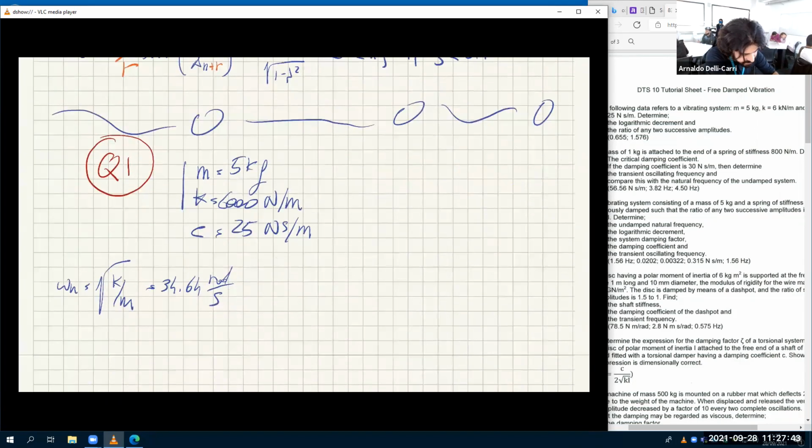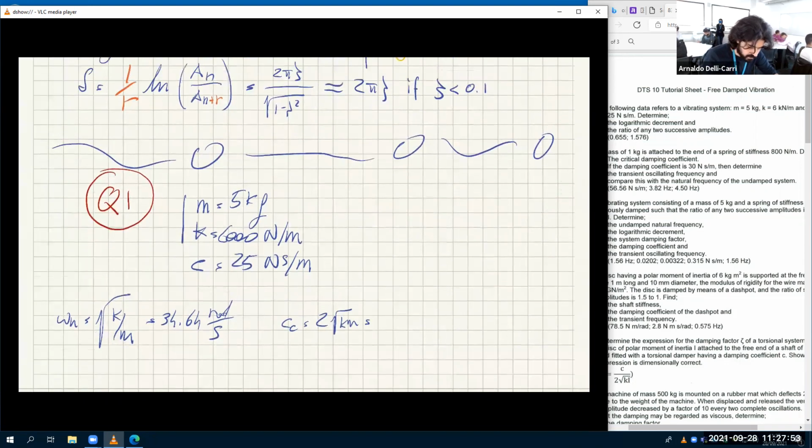So I can say that C critical is 2 square root of Km, which is equal to 2 times the square root of 5 times 6,000. That's C critical is 346.41 newton seconds per meter, because it's a critical damping coefficient.